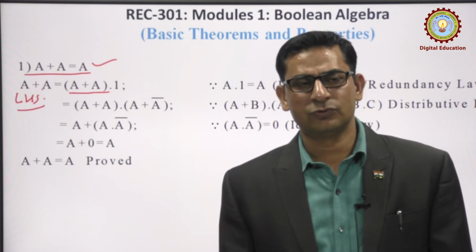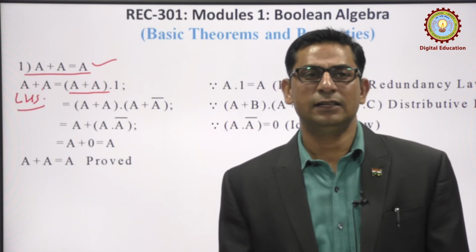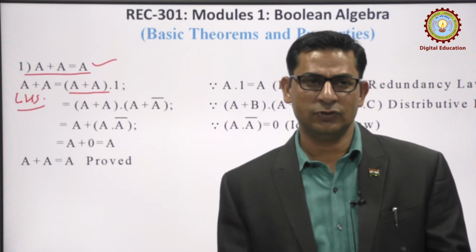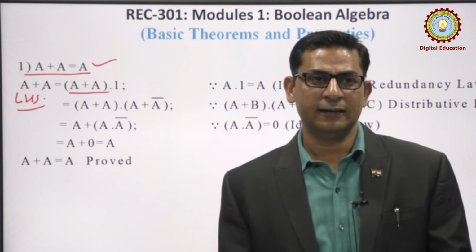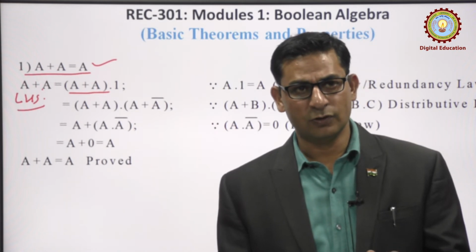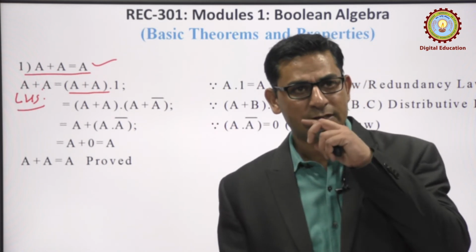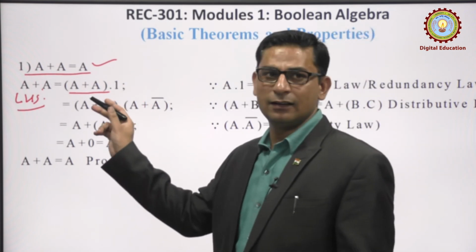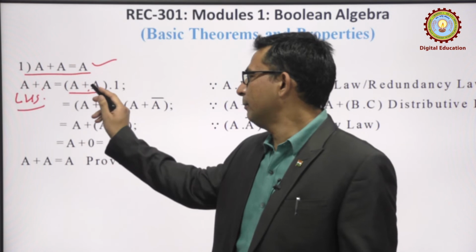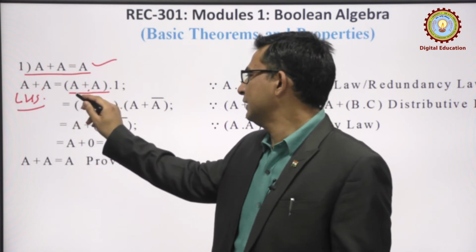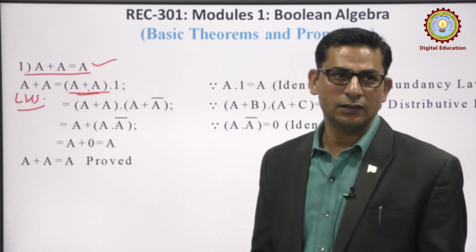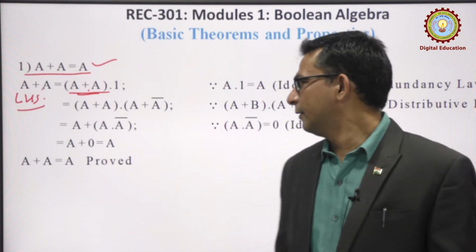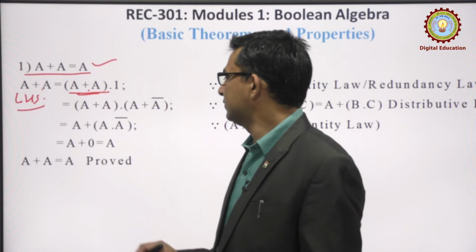If you connect two switches in series, where one switch is A and the second one is in closed mode, meaning switch on mode, it does not affect the output, which depends on the first switch. So A dot 1 is just a series connection, and you can write it like this.